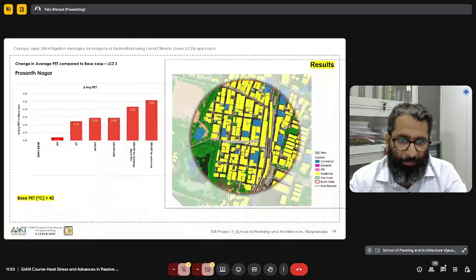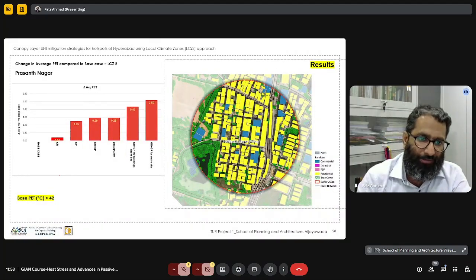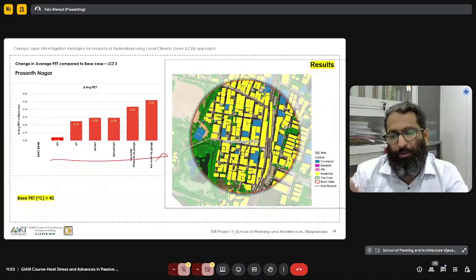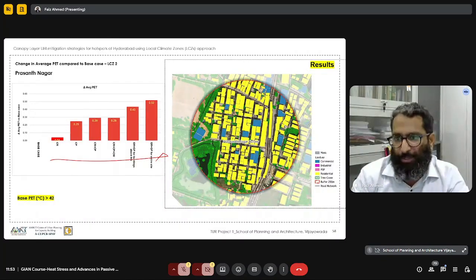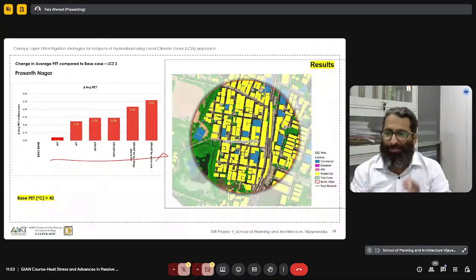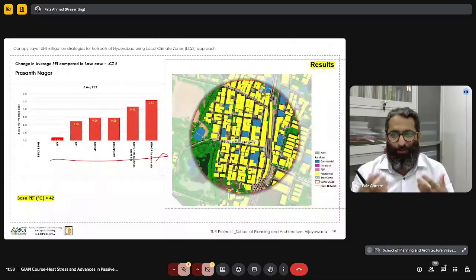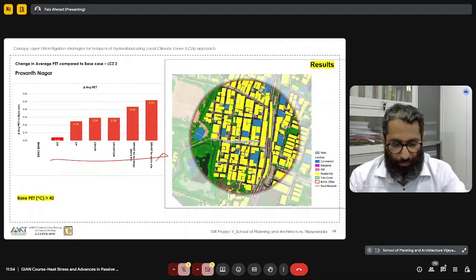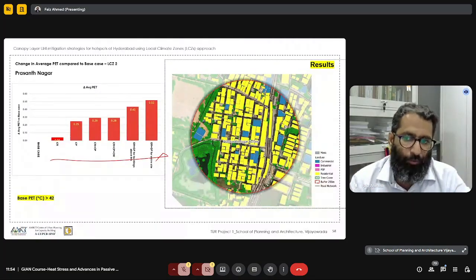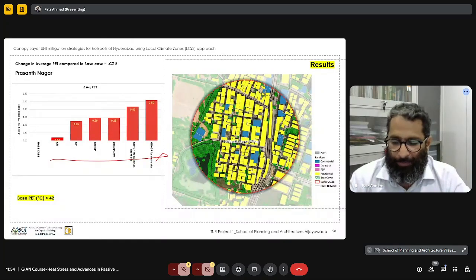Similarly, in another case also, when we applied all the strategies, none gave an improvement from the existing case. Maybe from what Sir said in the morning, even I'm now thinking whether it is because of too much dryness in the air or other things. We need more data to explain why this is happening.